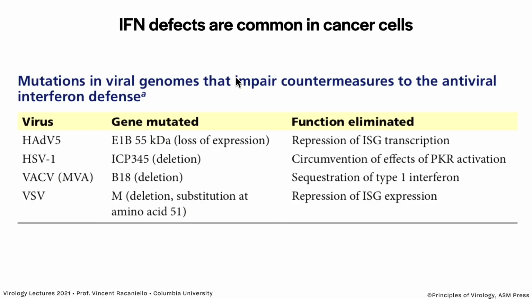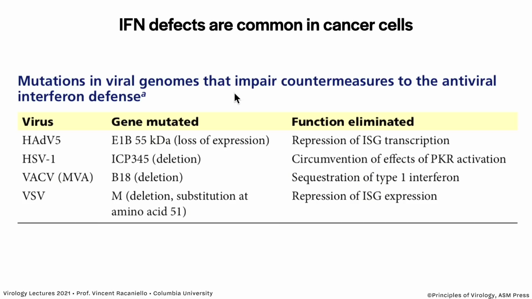And you can look and see that there are defects in immune response genes. For example, there are many mutations in the gene encoding JAK1, which is a signal transduction protein involved in the type 1 interferon receptor. Like 20% of the genomes have mutations in that gene.